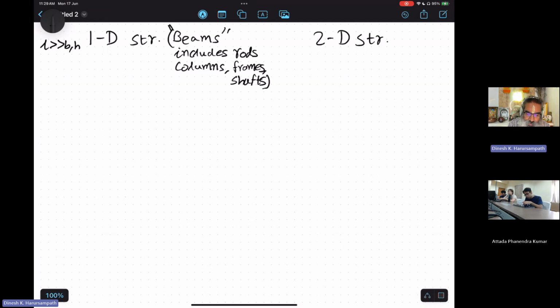And here in this case, it's exactly the opposite. We're calling it L and B very large compared to H. So here, of course, we call it shells, but of course, it includes plates because plates are nothing but zero curvature shells, and it also includes membranes because they have zero stiffness plates or shells, right?